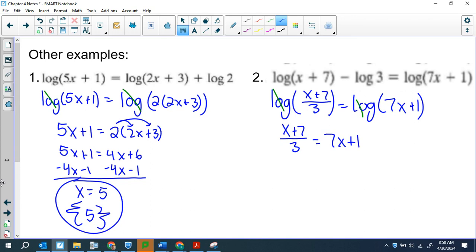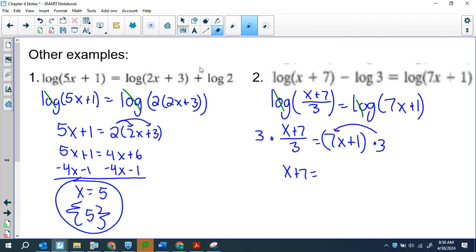So we want to undo division by 3. We would undo that by multiplying by 3. And I have to multiply it by that entire side. So I would get x plus 7 equals 3 times, or I'll do the distributive property right now. 3 times 7x is 21x. 3 times 1 is 3. I did the opposite.